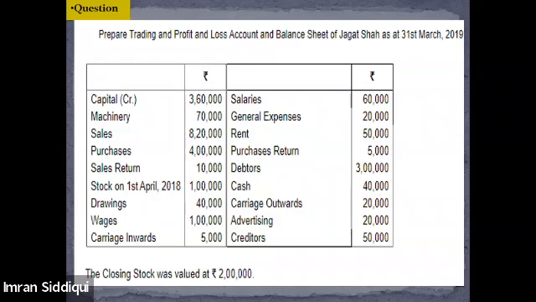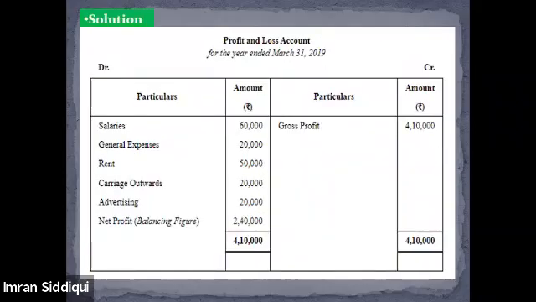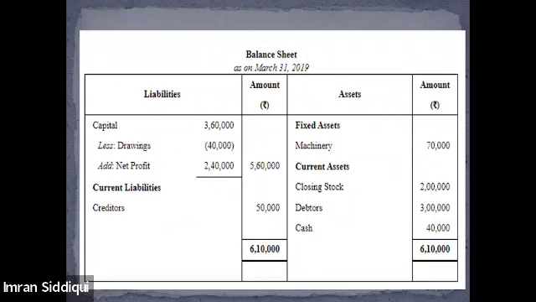So I guess this is the right answer. Just a minute. This was the P&L and this is the balance sheet. So if you are getting 6,10,000 on both sides, that means you have done it correctly. Well done, Ritika. Yes, sir. Before, I got another answer, so I did it again. So now I got this answer.